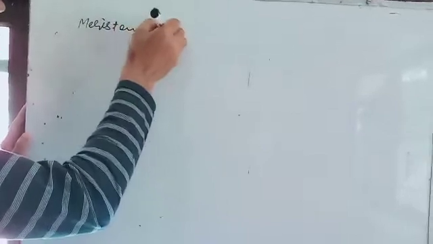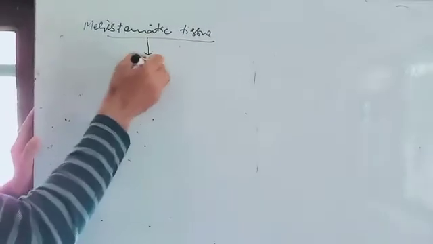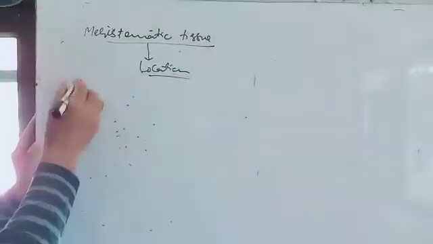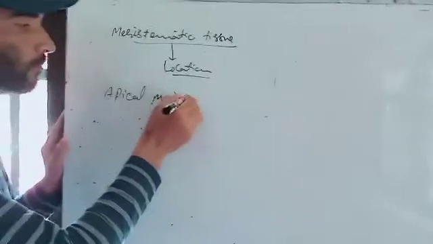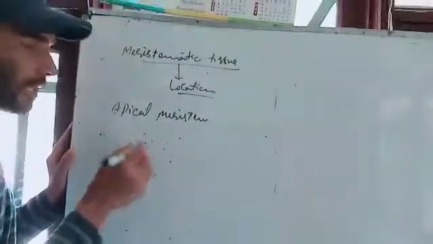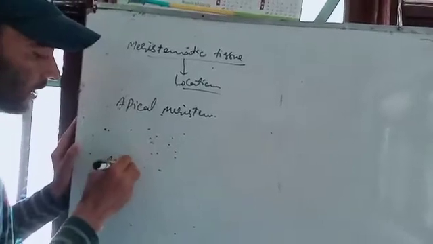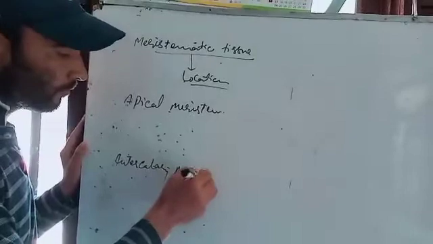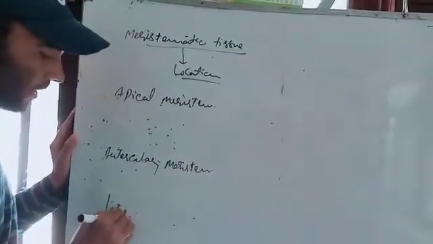Yesterday we talked about the meristematic tissue and its features, and on the basis of location, we divided the meristematic tissue into apical meristem, intercalary meristem, and lateral meristem.